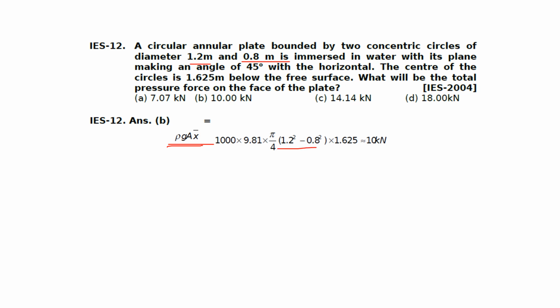So 1000 g pi by 4 times 1.2 square minus 0.8 square. And x bar is already given as 1.625. Put that here and you will get 10 kilonewton. So the answer is B. Simple, straightforward, formula based question.